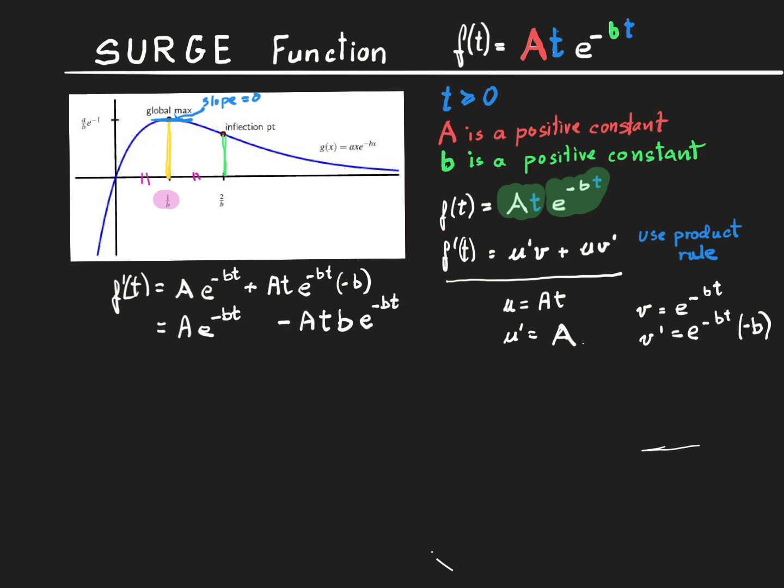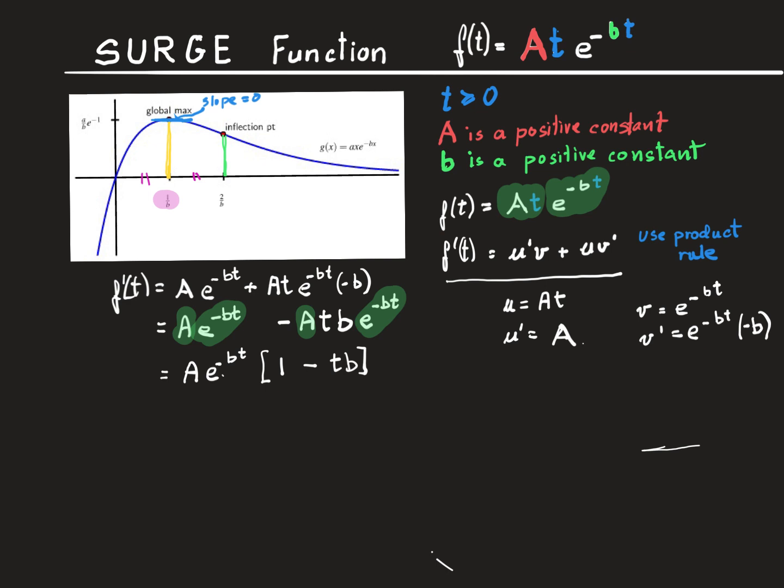Now you can see that you've got e to the minus bt here, and also you've got e to the minus bt here. As well, you have an a and an a. So we can factorize that. And by taking out the a and the e to the minus bt, we're left with 1 from the first term and tb from the second term.